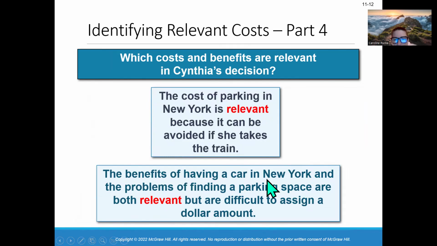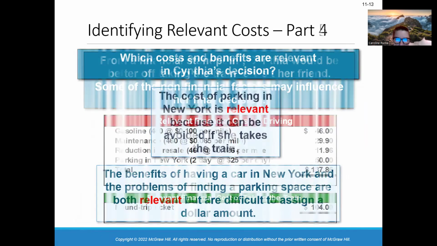The benefits of having your car, like the convenience of not having to call an Uber or whatever. It's relevant, but it doesn't have a dollar value. That's going to be an opportunity cost.